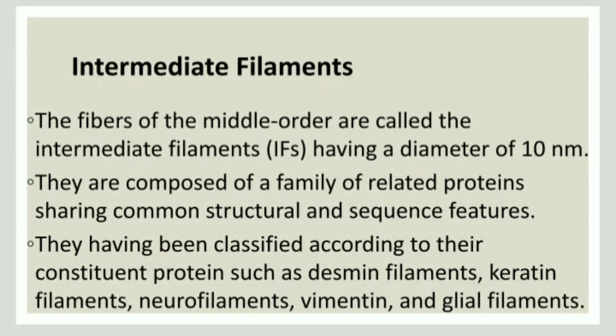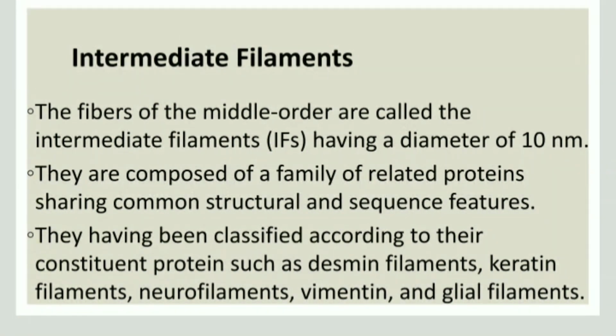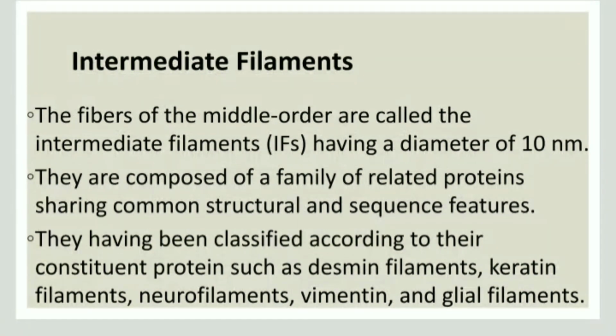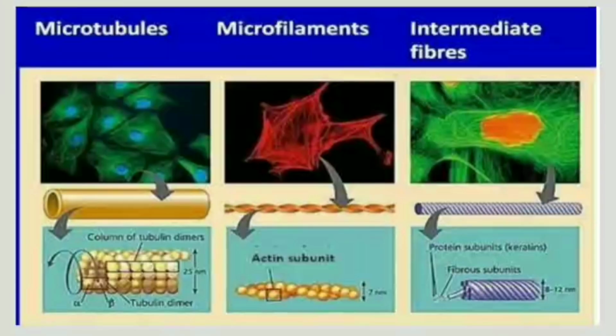These intermediate filaments are made up of related proteins, and based on these proteins, they are classified into different types. These include desmin filaments, keratin filaments, neurofilaments, and glial filaments.